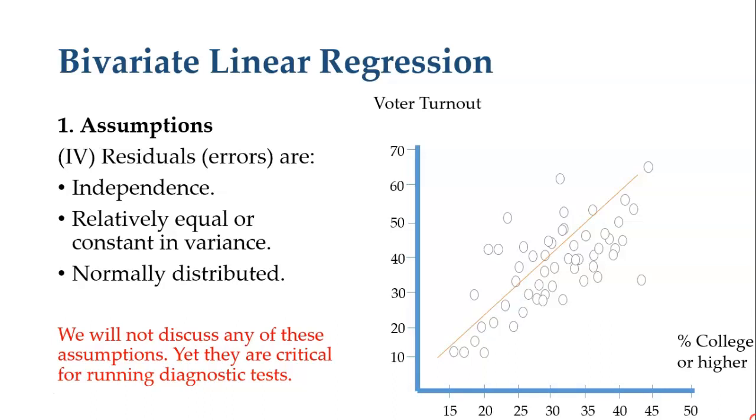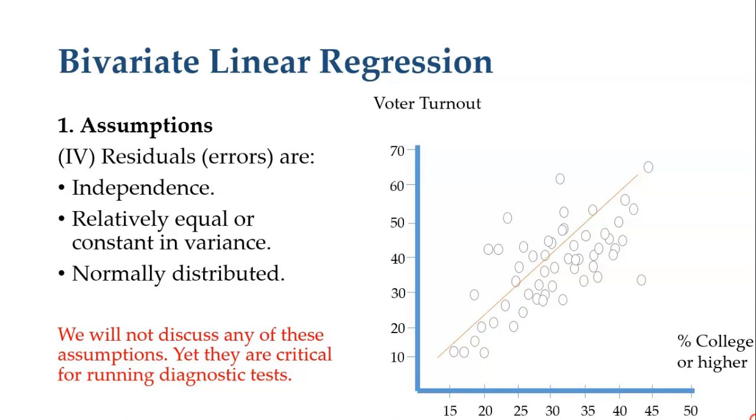There is another set of assumptions that help us to conduct diagnostics of the extent to which the model is appropriate or is working correctly. These assumptions are related with the errors or the residuals.